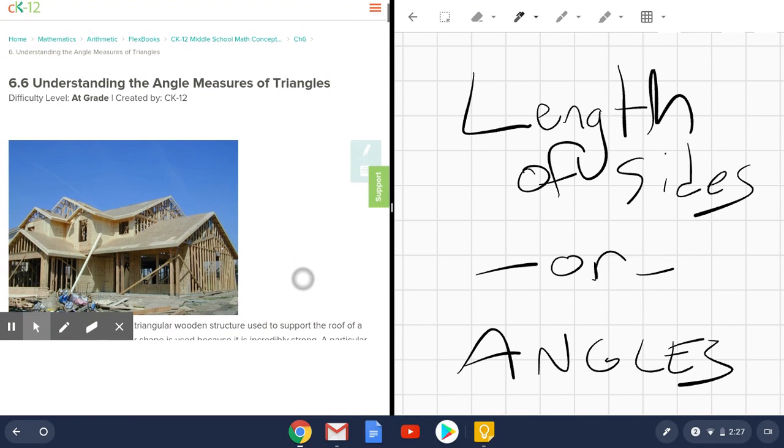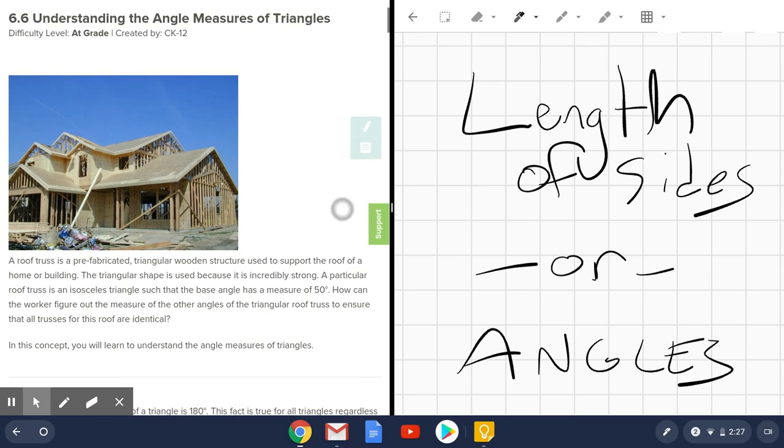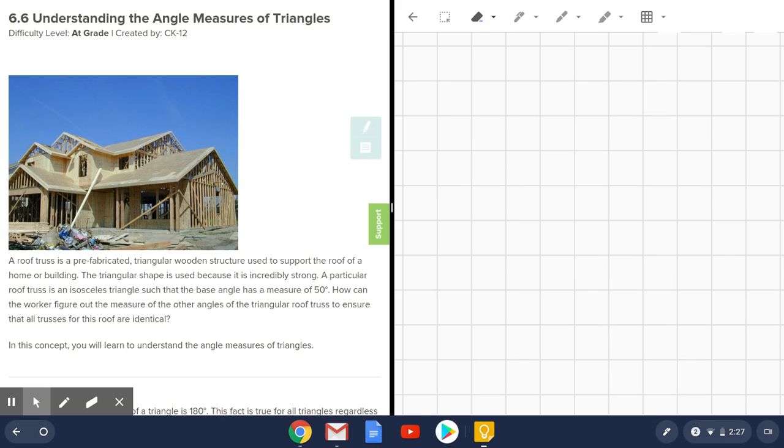We are going to be focusing on understanding the angles of triangles. We know that triangles can be split up into a couple different types based off of the angles within it. We can have an acute triangle, an equal angular triangle, an obtuse triangle. We are going to be understanding how to measure the exact degrees of each angle in a triangle.